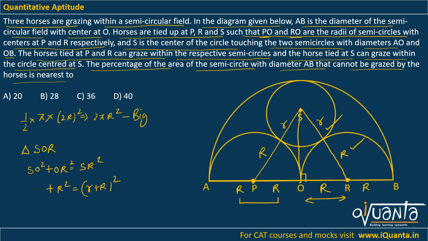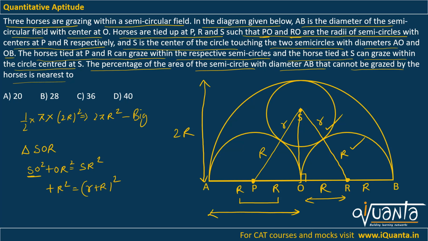I need to find out the length of SO now. So I know that from here to here, this whole thing is 2r. Why? Because this is the radius of the bigger semicircle, and we can see that the radius of the bigger semicircle is equal to 2r.